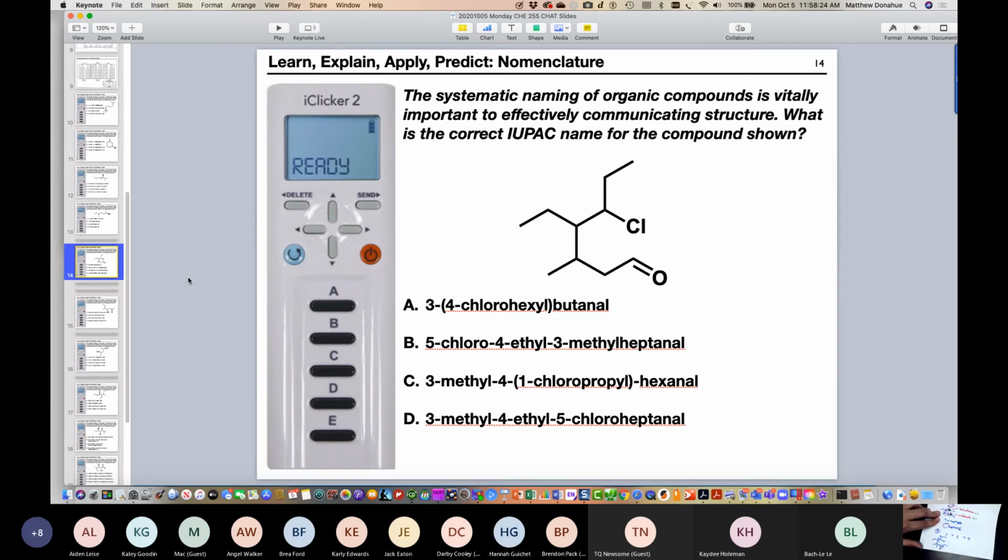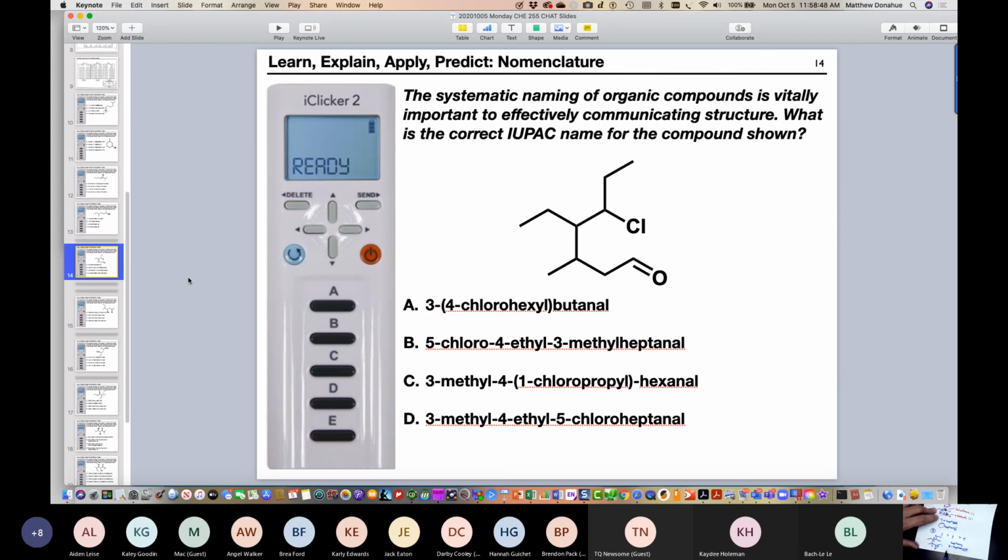So it would be the same sort of thing. So heptane, we would drop the E and then call it heptanone, so O-N-E. 2 specifies the location of the carbonyl, so 2-heptanone.